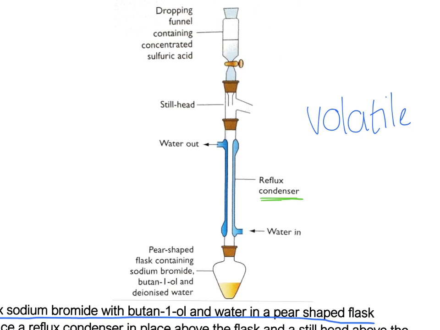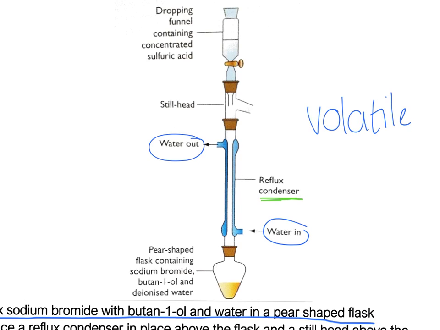So the reason we can't just heat it over a Bunsen burner or in a water bath is that once our organic compounds get to a certain temperature, they'll just boil off, and we'll lose them. They'll escape as a gas, and so we won't get them reacting. We need to heat them to get them to react, but we don't want them to escape as gases. So the reflux condenser, just as in the distillation apparatus, has water running around the outside of the condenser, water in here and water out here.